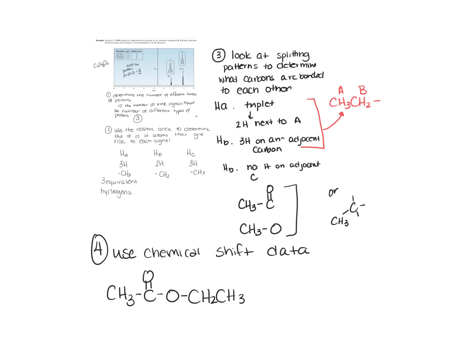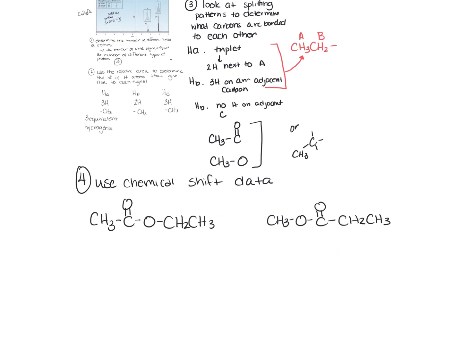So that would look something along the lines of CH3 O, C double bond O, CH2CH3. Okay. Now, each of these still preserve all of the splitting. So that's always a great double check: once you put your structure together, go back and make sure it still has the same splitting.